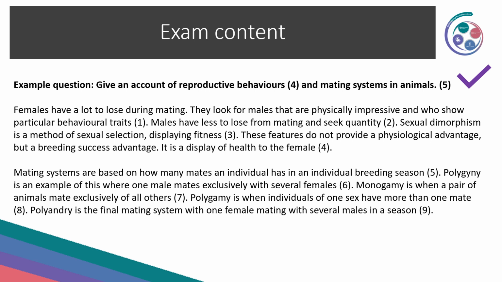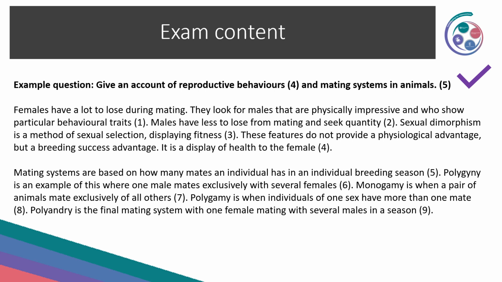Mating systems are based on how many mates an individual has in an individual breeding season. This is where the 5th mark would come in, and it's the 2nd part of our essay question we're looking at now. Polygyny is an example of this, where one male mates exclusively with several females. Monogamy is when a pair of animals mate exclusively of all others.